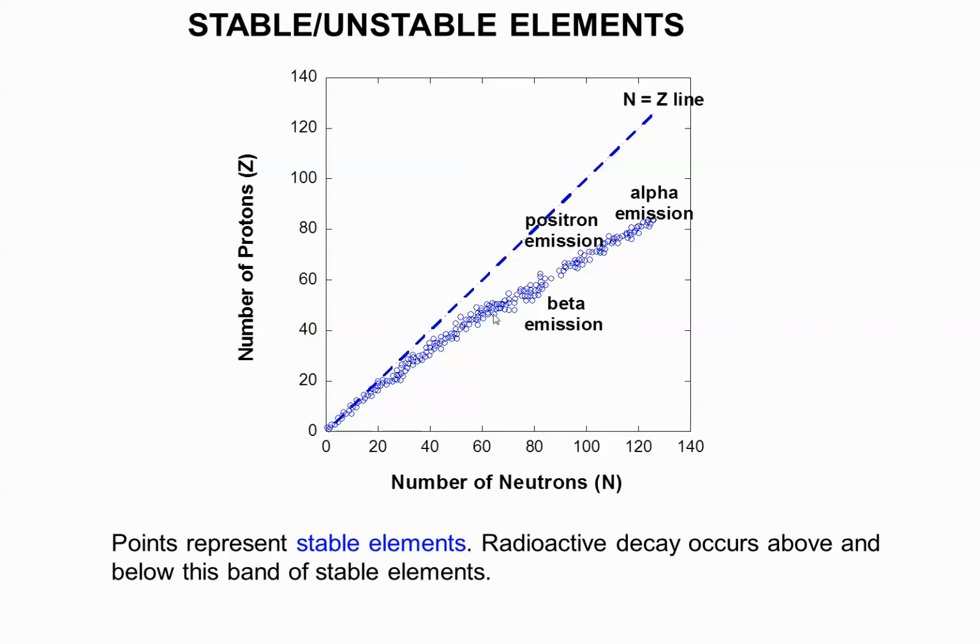One can see that all of the stable ones are to the right of this N equals Z line, which means they have excess neutrons. We see alpha emitters are very heavy over here. The beta emitters are produced using nuclear reactors, while the positron emitters are produced using particle accelerators.